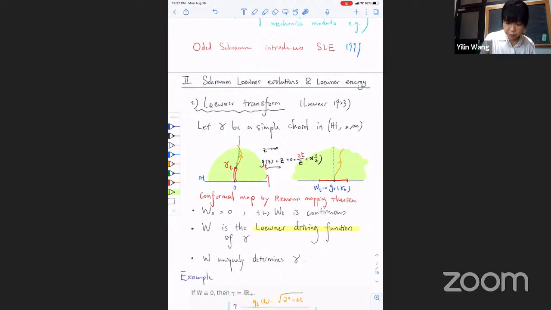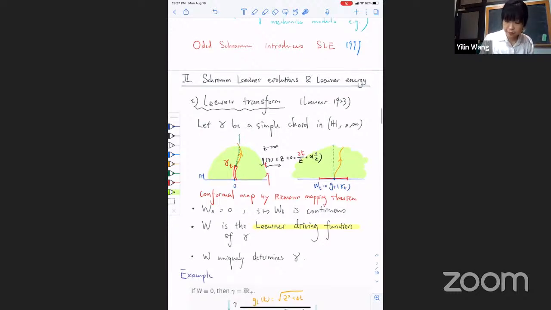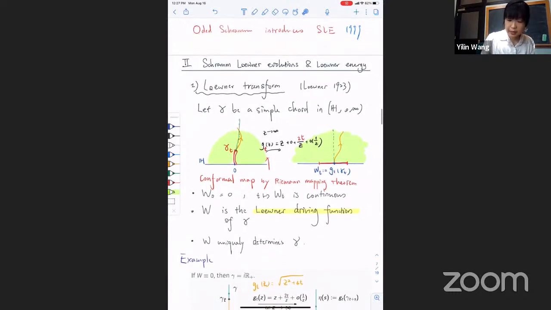And we choose the parameterization of gamma such that this number here is exactly 2t. So this is the parameterization. It comes together with the curve. Once you know the set of the curve, then you know what the parameterization is. And after parameterization, I just call this conformal map g_t.